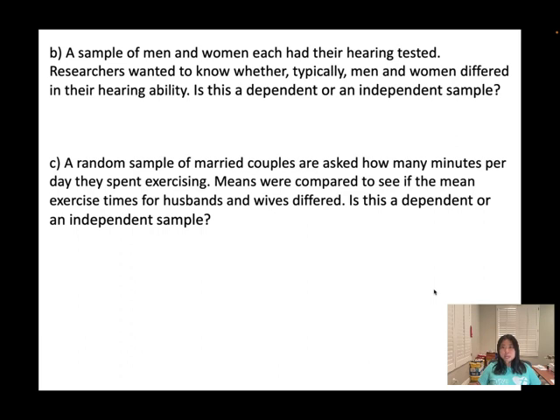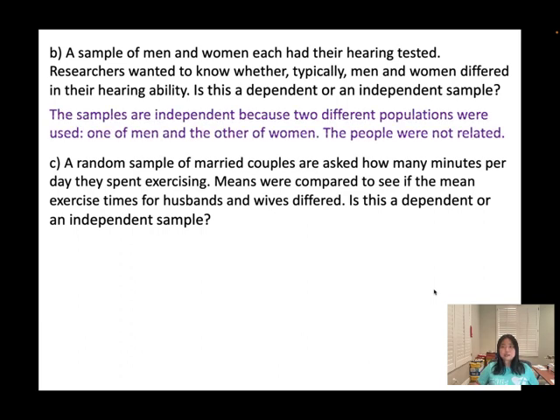Is this a dependent or an independent sample? Think about it. We have a group of men and a group of women. Both groups receive the hearing test, and then we compare the results. You can see they are not related to each other. They do not come from the same sample, right? So this is going to be independent.